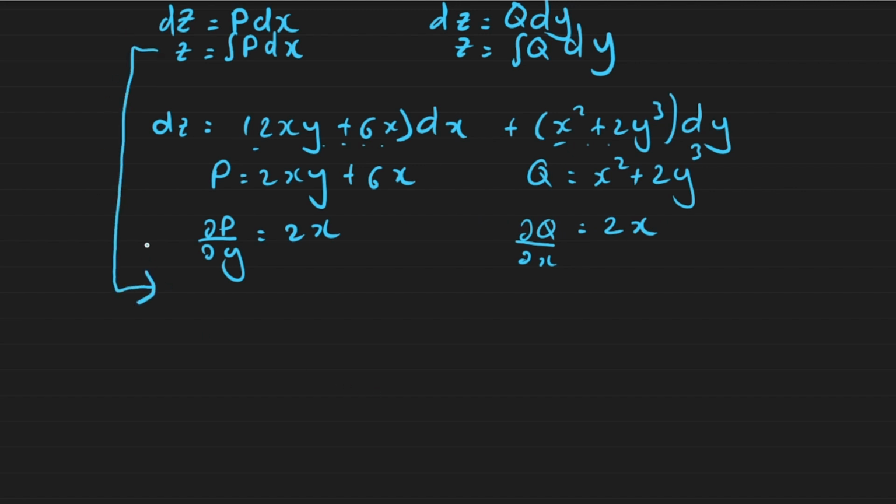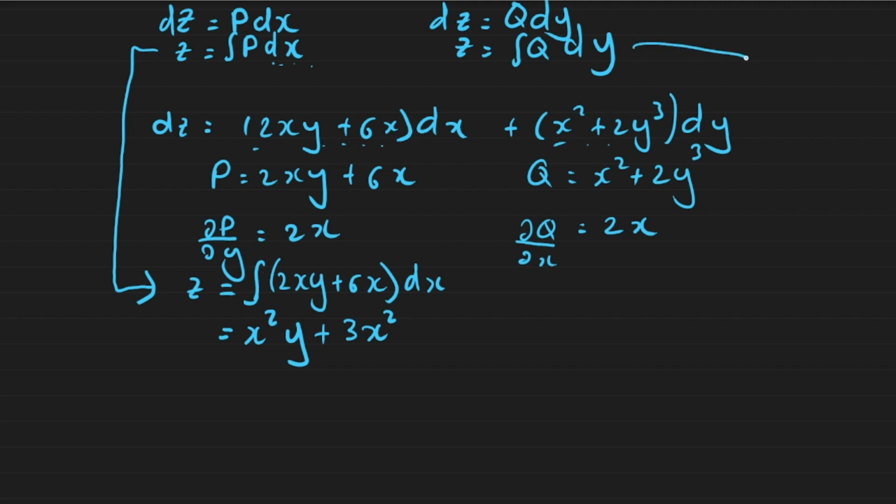So z is equal to the integral of p dx, so let's write that down. z is equal to the integral of (2xy plus 6x) dx. Now we integrate this, and we get x squared y plus 3x squared.